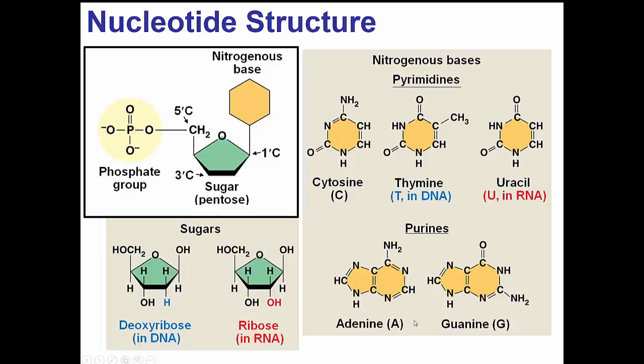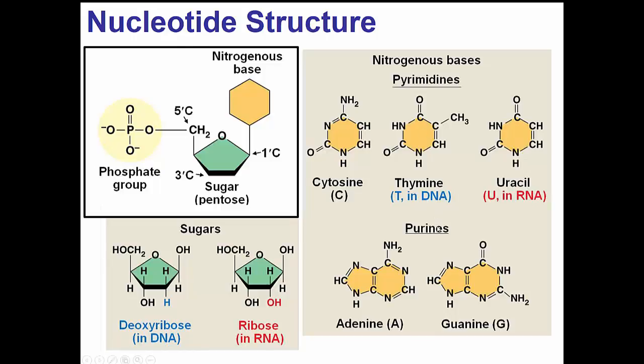There are 5 major nitrogenous bases that are found in DNA and/or RNA. Cytosine, adenine, and guanine are found in both DNA and RNA, while thymine is only found in DNA, and uracil is only found in RNA.